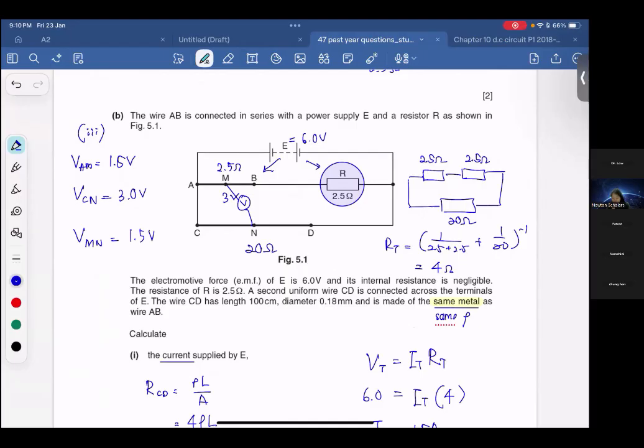Done, Wesley? Why is the wire 3.0 volt? You mean which wire? This wire? AB or CD? Wesley, do you mean AB or CD?